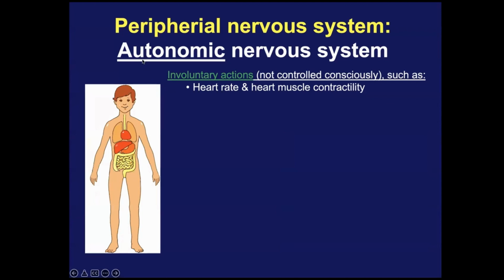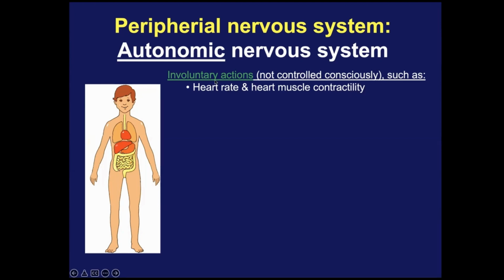By contrast, the autonomic nervous system controls the involuntary actions, which are not controlled consciously. For example, the heart rate and the heart muscle contractility, which mean how fast and how strong the heart contracts, cannot be controlled consciously.